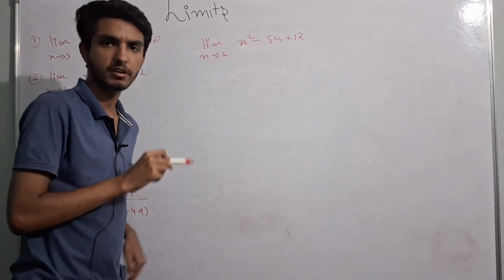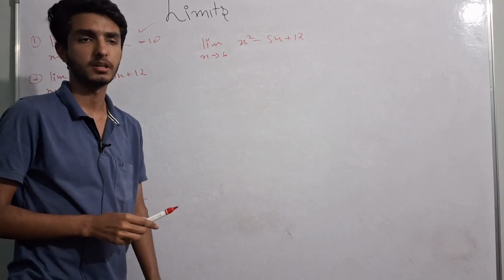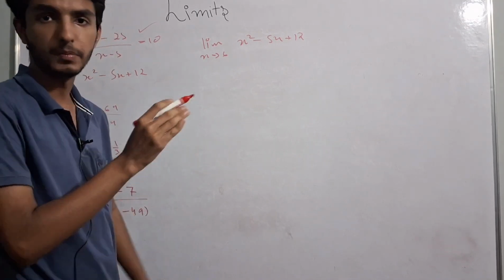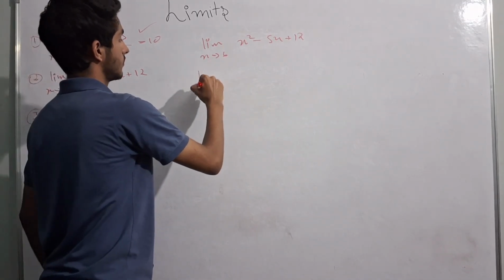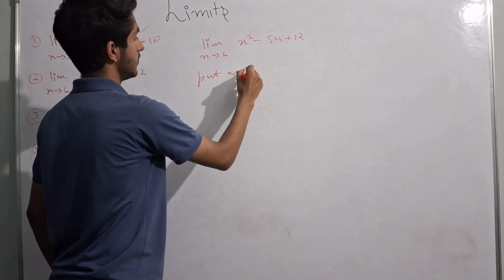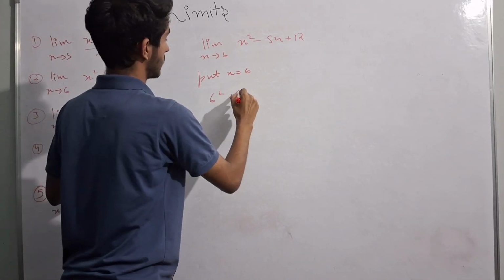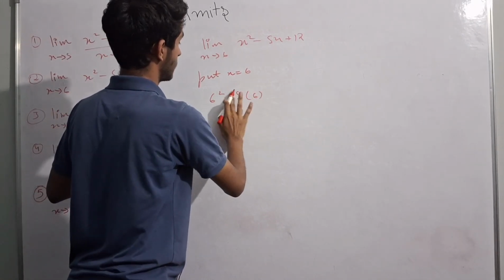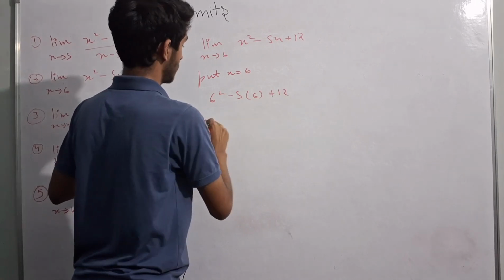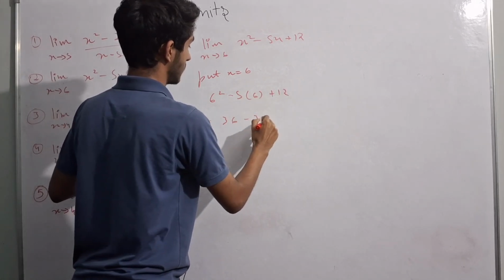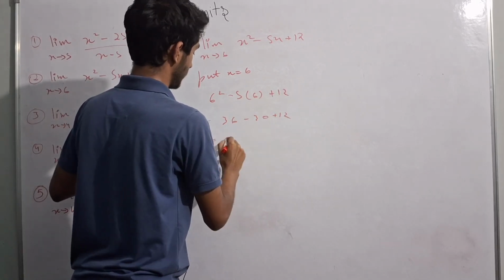So this can never get into any sort of indeterminate form. So I can just simply plug in the value of 6. Put x is equal to 6. I get 6 square minus 5 into 6 plus 12. I get 36 minus 30 plus 12, which is equal to 18.